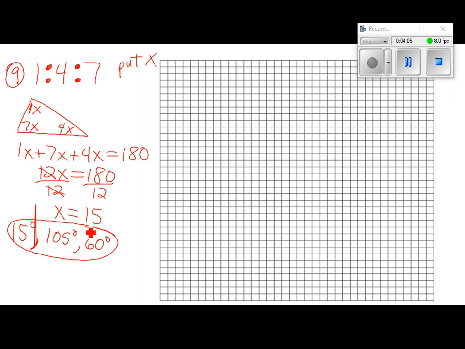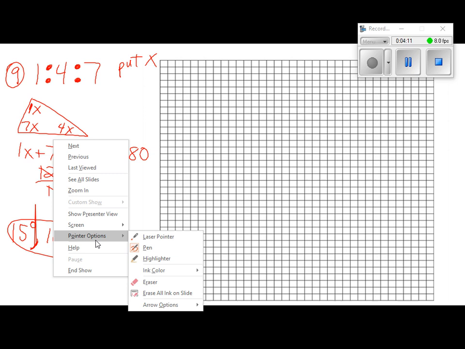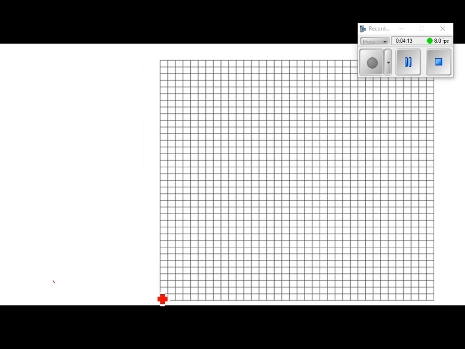19. Look at 19. What does this tell us about this triangle?